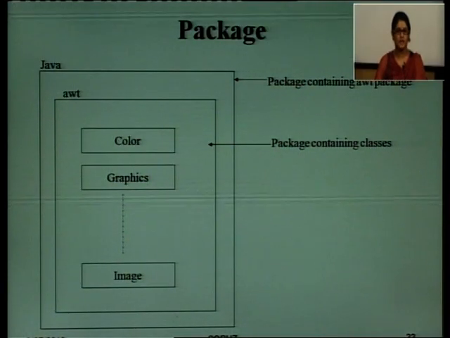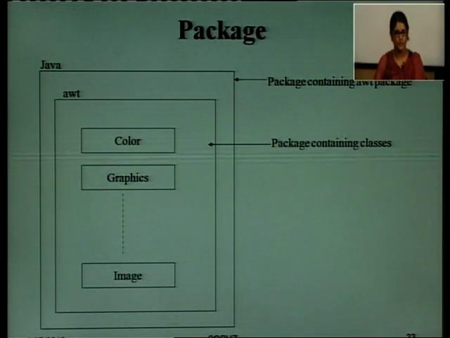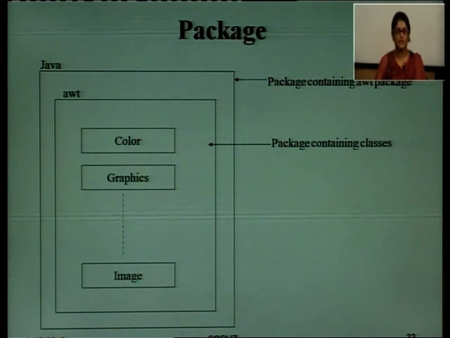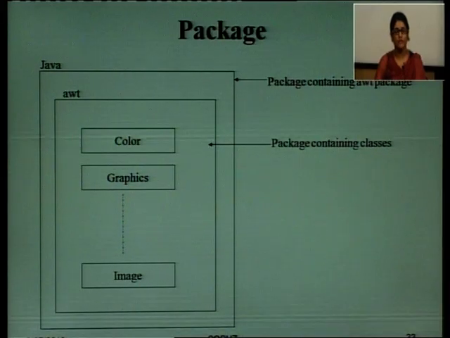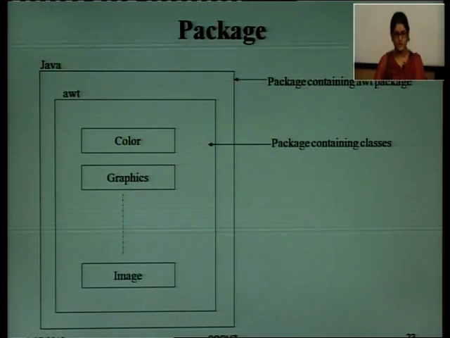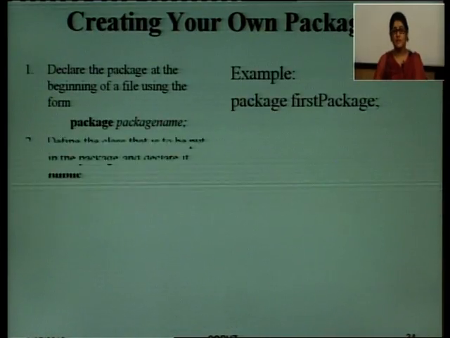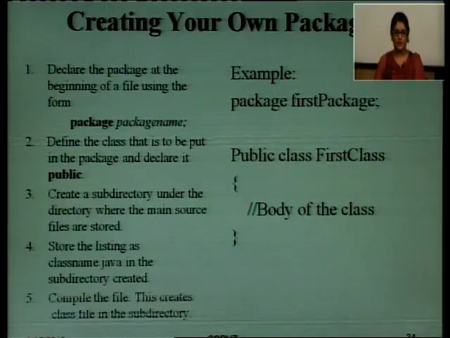So, this is the hierarchy in which the packages in Java are stored. First we have Java, then a package, and within that package a number of classes, and within those classes a number of methods which can be used to develop applications.